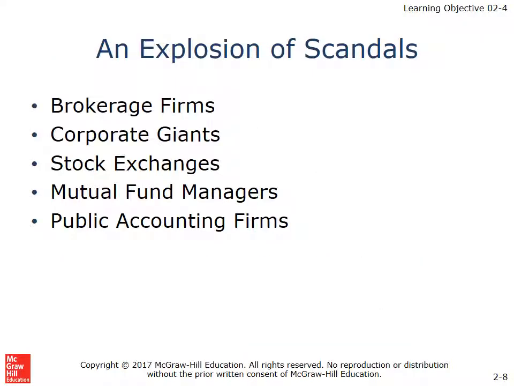Well, because of that relationship and those close ties to how much money the accounting firms were making off of their audit companies, there was an explosion of accounting scandals. So a company such as Enron might have said, we want to report our liabilities this way.